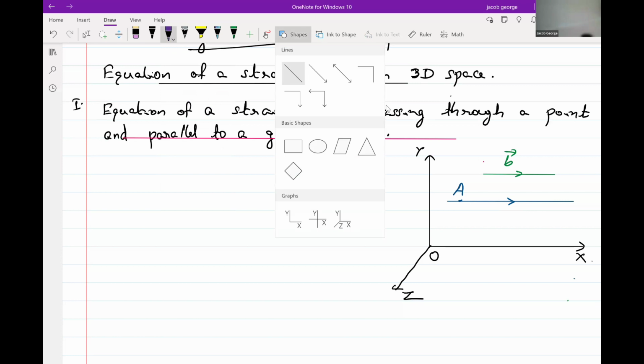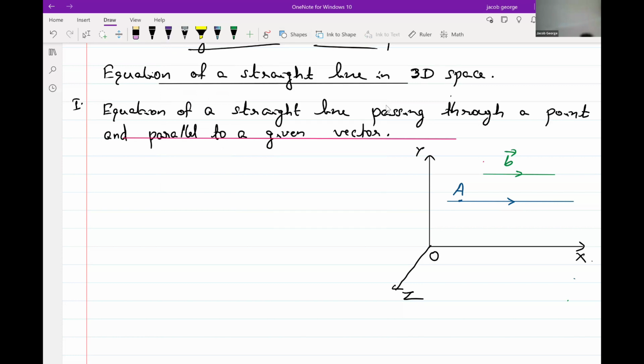Now for the vector form, we take the position vector of this point A. Position vector, how do you draw? From the origin. So please join from the origin to the point, okay? And you will mark this vector as vector A. The position vector of the given point is vector A. And in every equation, we take any point on the straight line.